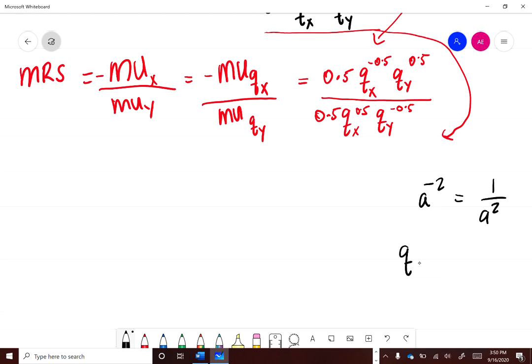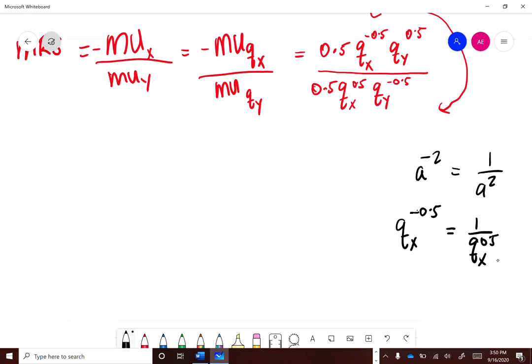So that q of x raised to the power of negative 0.5 is the same thing as saying 1 over q of x to the power of 0.5. We can just bring this down, right? And it will just be divided by q to the power of 0.5. We'll see that next, okay?